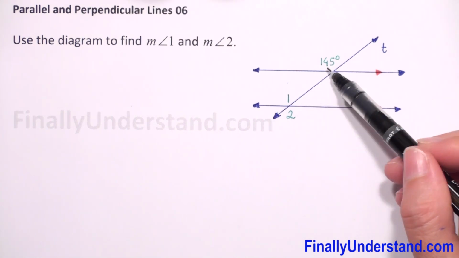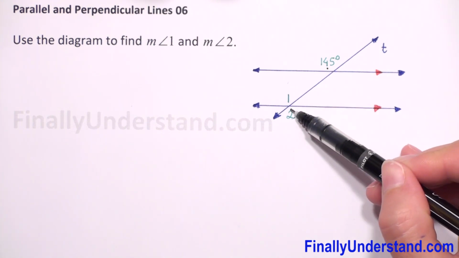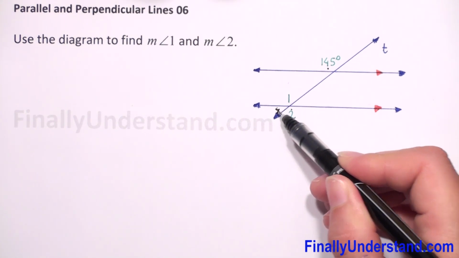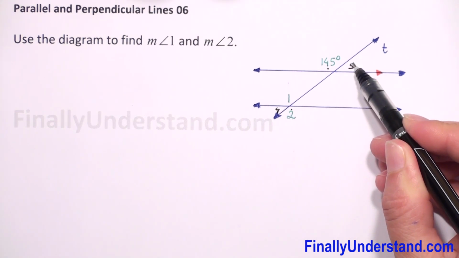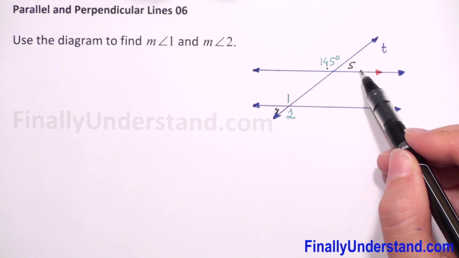So 2 and 145 are alternate exterior angles, and if I put, for example, here 5 and 4, then 4 and 5 are alternate exterior angles.